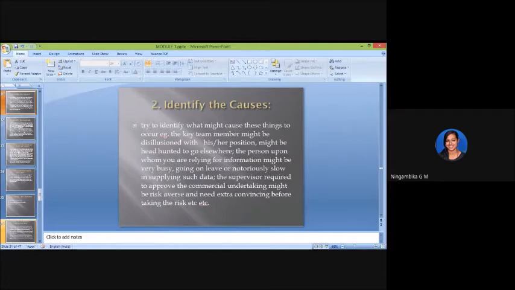The supervisor required to approve the commercial undertaking might be risk averse and need extra convincing before taking the risks. So you need to maintain that person in the organization. What is the best way you can do it? Giving them some extra benefits, or hiking the salary, but if you are giving all these extra benefits, again the fund is more important. If the fund itself is not there, again it is going to be a situation. So that is a small example explaining identify the causes.